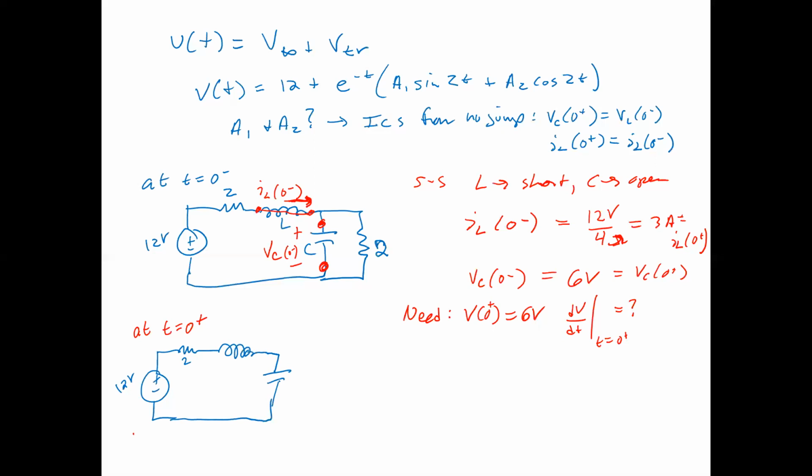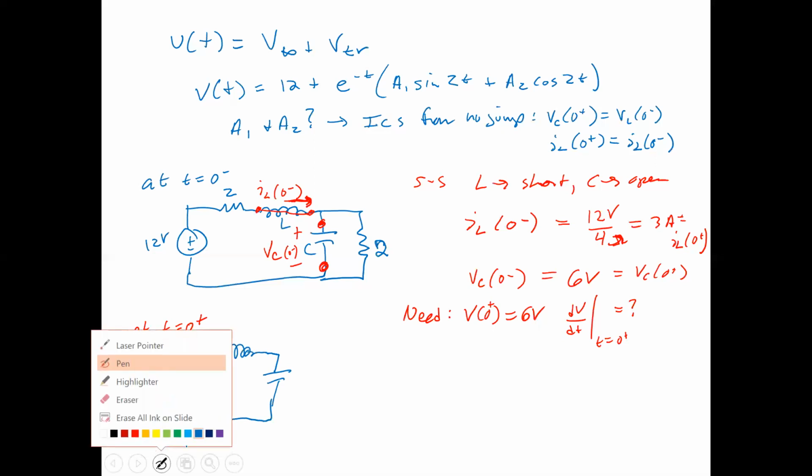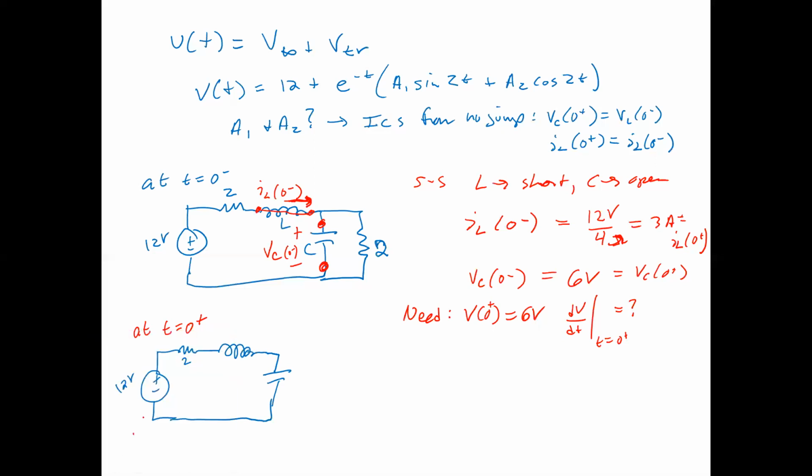Now the two things that don't change are death and taxes. No, are IL and VC at t equals 0 plus. So IL of 0 plus is going to equal 3 amps.